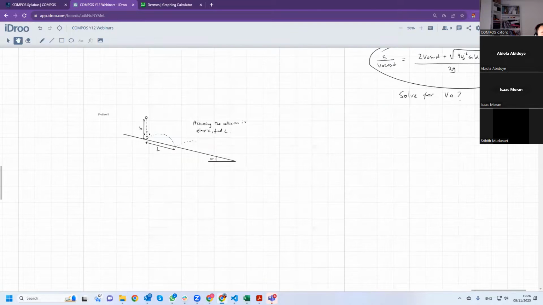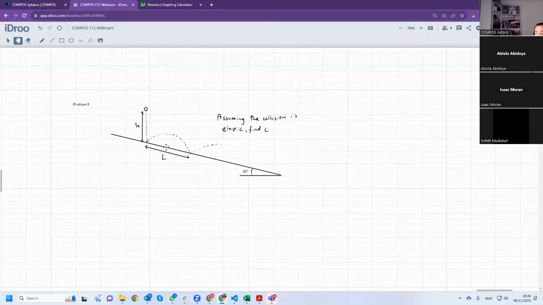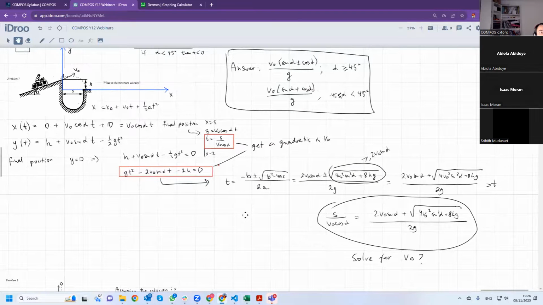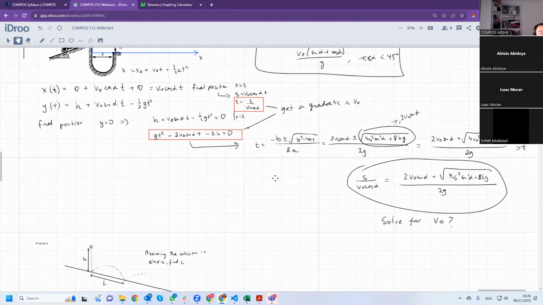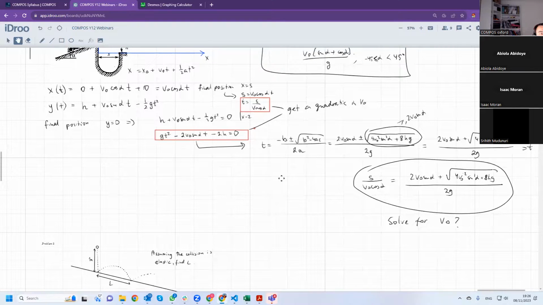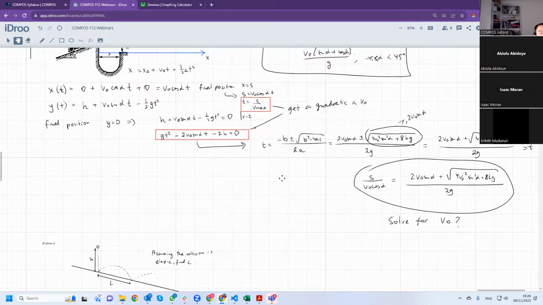Okay, so let's have a look. I don't think so. Why would you get a cubic, with a t squared?